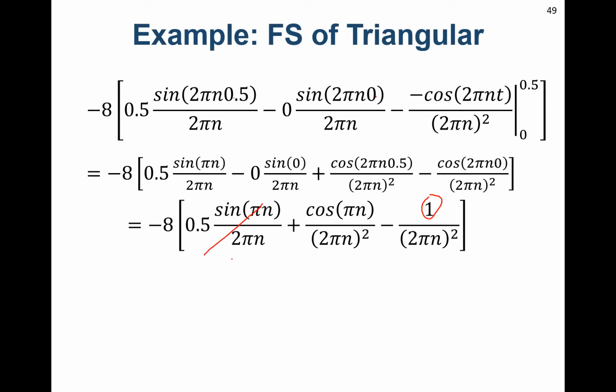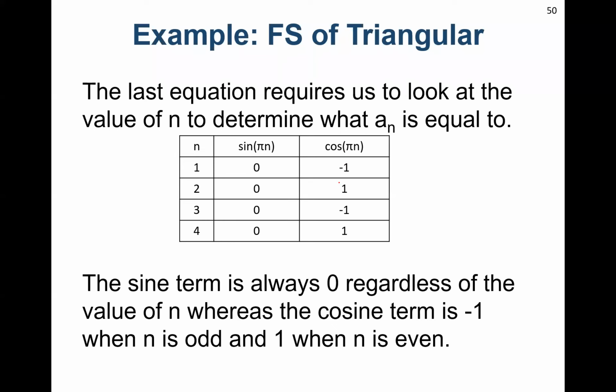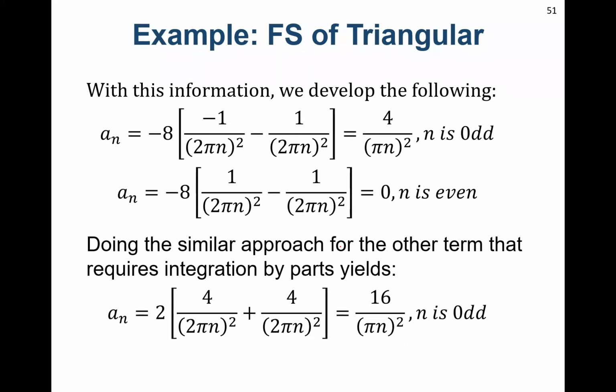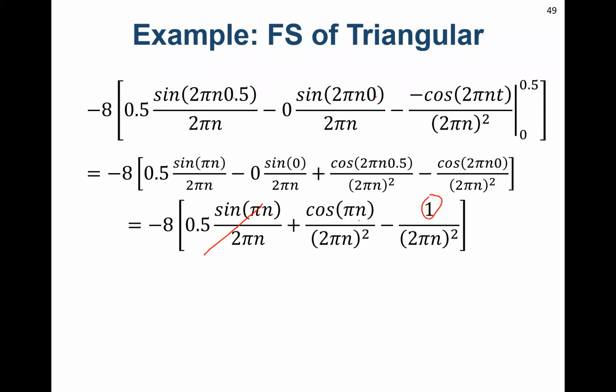So this term drops out. This term does not drop out, but this is where I have to be careful because if I look over here, -1, 1, -1, 1. So carefully looking down, I see that this is a -1 over here. This denominator is the same. So when this cosine of pi n evaluates to a +1, 1 minus 1 with the same denominator will cancel each other out.